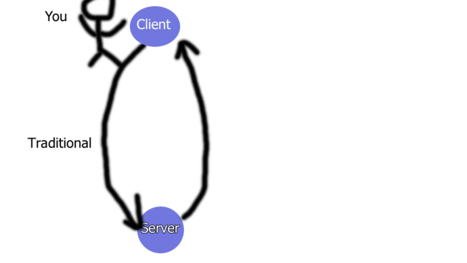So this is you. You are, well, not you, because you are the developer trying to learn Ajax from watching this tutorial. But this is your person viewing the site.